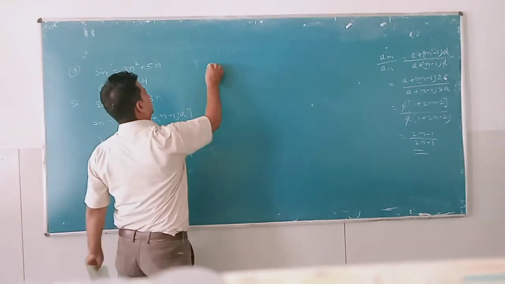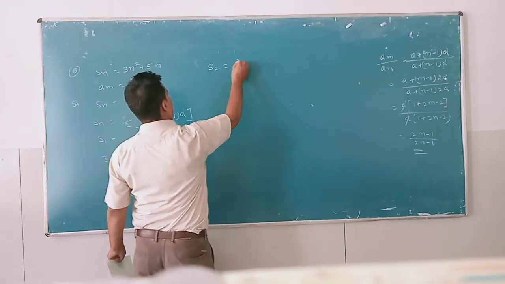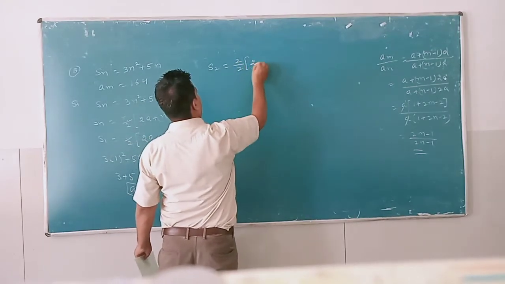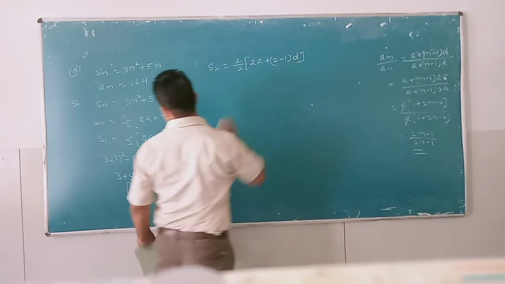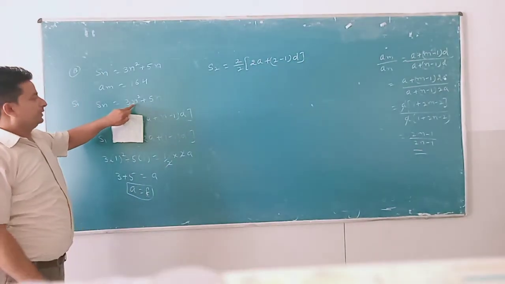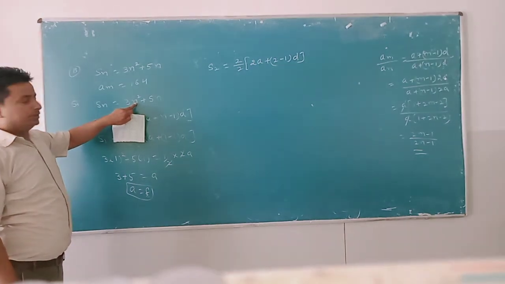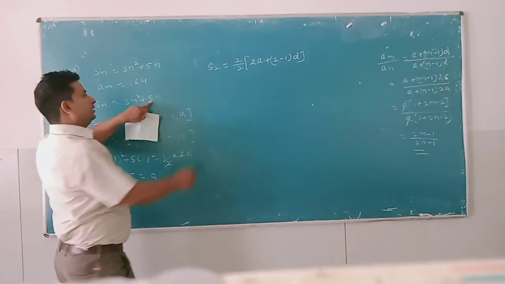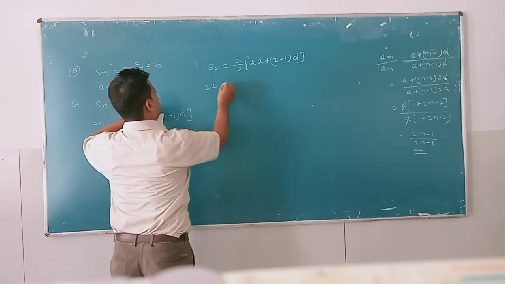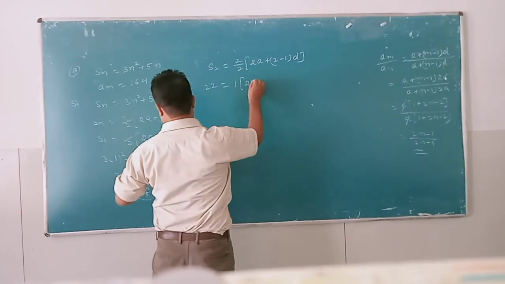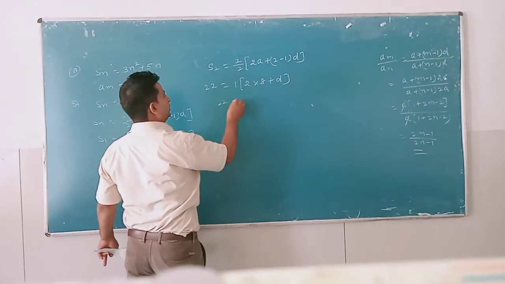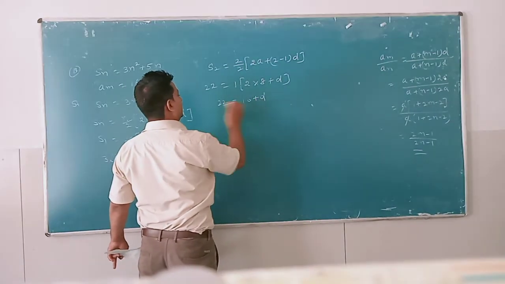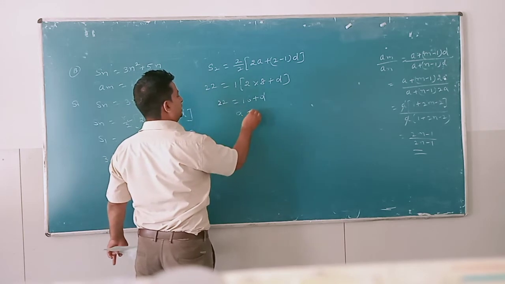When we put 2, this is S2, 2 upon 2 into 2a plus 2-1 into d. When we put 2 in the given formula, 3 into 2 square, 4 into 3 is 12, 12 plus 10 is 22. S2 is 2a plus d. So 22 equals 16 plus d.